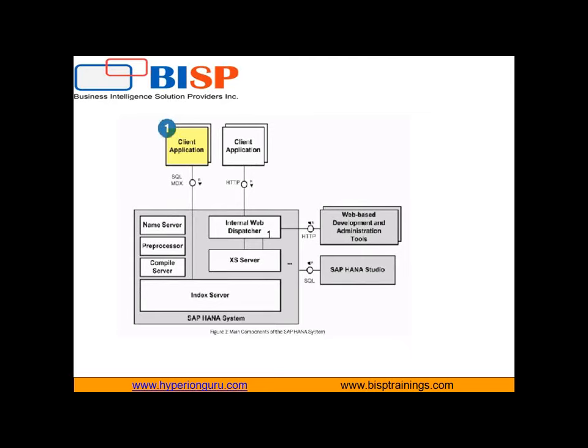And the preprocessor server is the one which holds the unstructured data, and the name server is the one which maintains landscape information. And we have a statistics server that is completely used to collect data about the performance of the HANA server, how it is acting and how the work is being done.